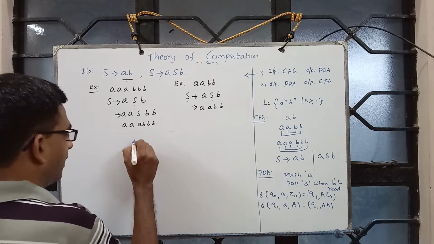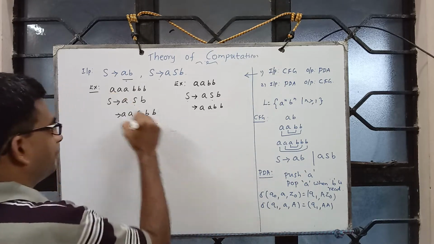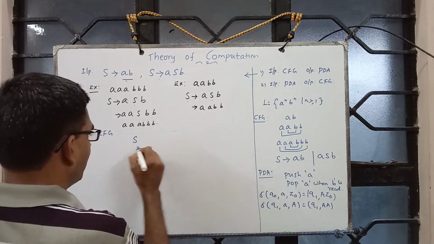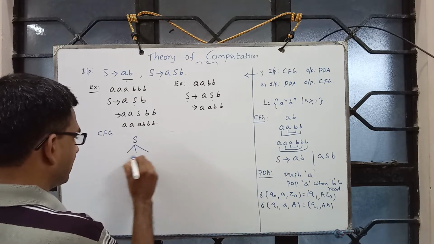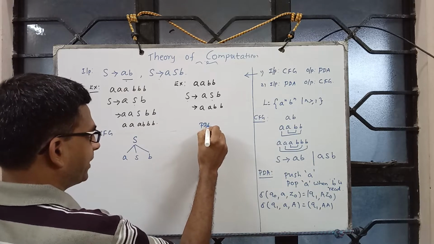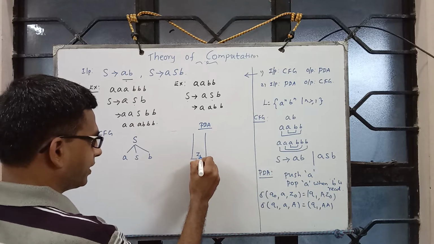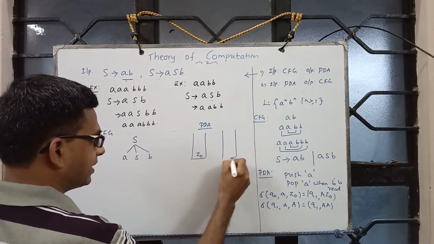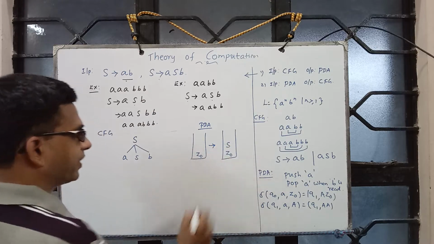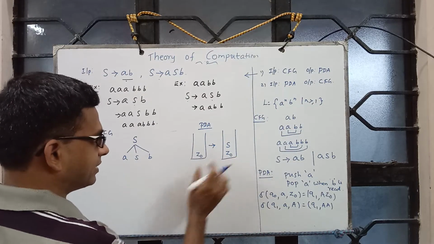When we start with S, if you look at this derivation, we start with this S. Then we say S implies ASB. With respect to the PDA, let's assume the initial symbol is Z0, from that we move to this configuration. From the initial configuration, we push capital S onto the stack.